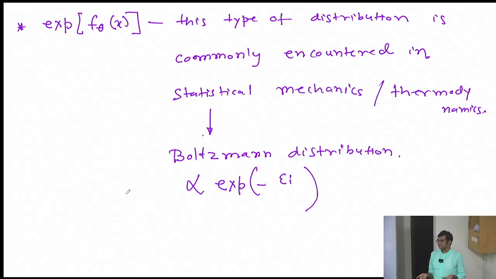There is no latent variable. Is there a latent variable in here? It is f theta of x. Where is the latent variable? There is none, at least till now.